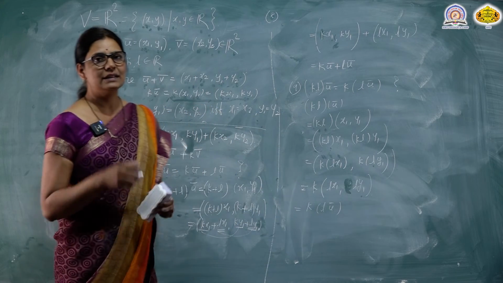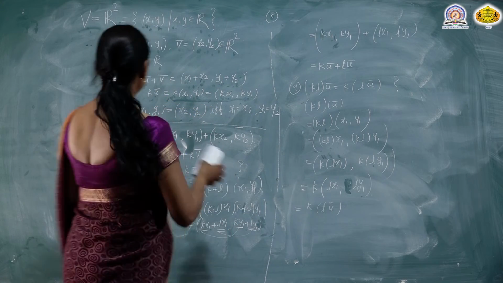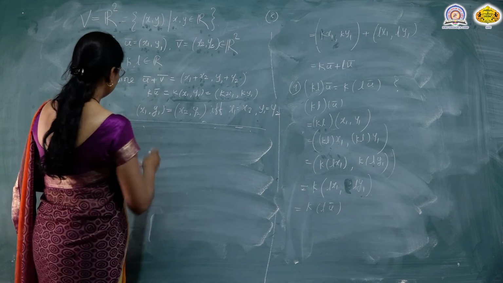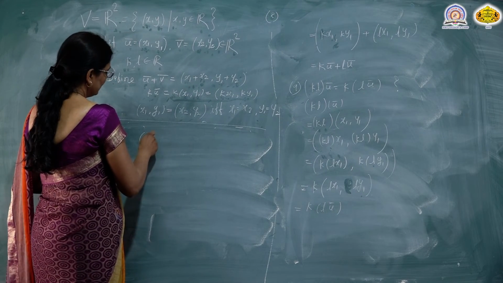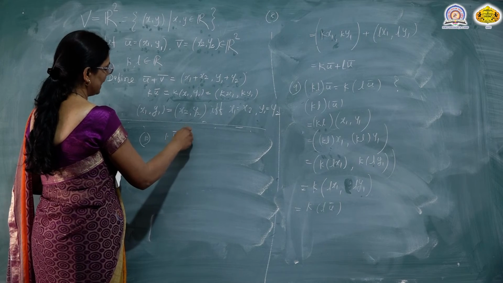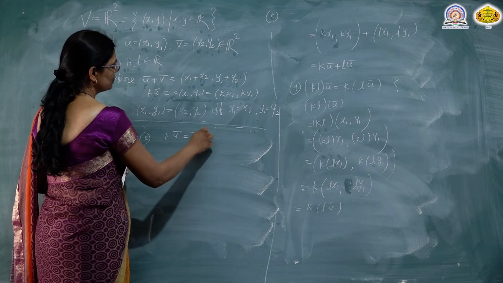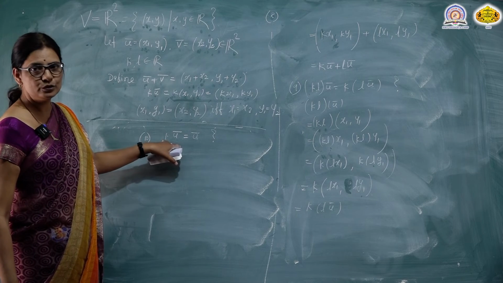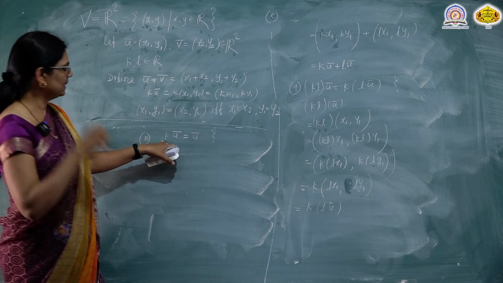And now last, that is the 10th property, which is the easiest one. We state the 10th property first and then prove it. Our last property: prove that 1 into u bar equals u bar. Here 1 is the unit element, a real number.